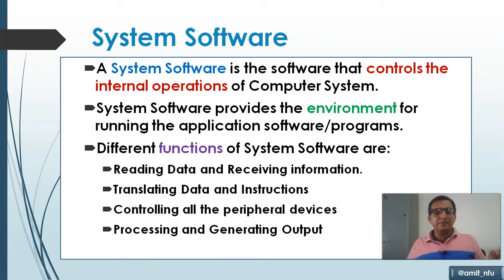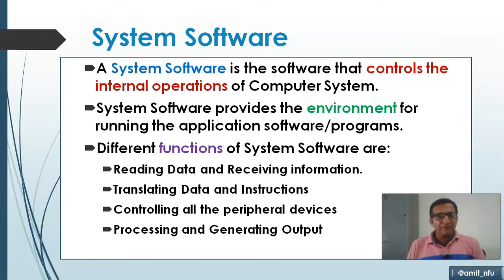It controls all the peripheral devices. What are peripheral devices actually? Peripheral devices are like printer, scanner, camera, etc. Those enhance the efficiency of the computer system to make it a multifunctional device.